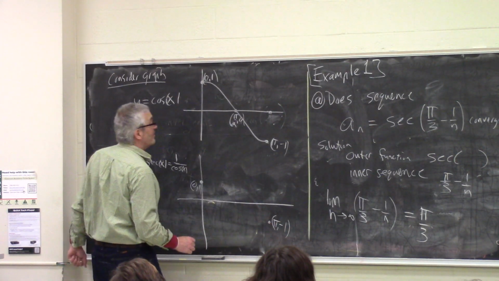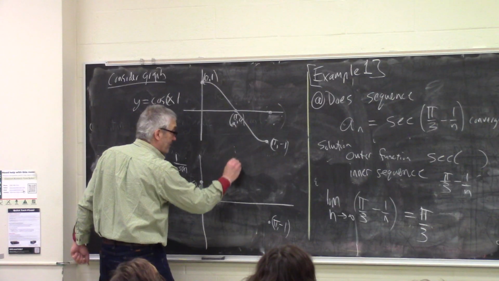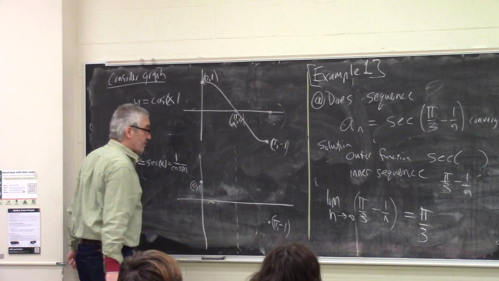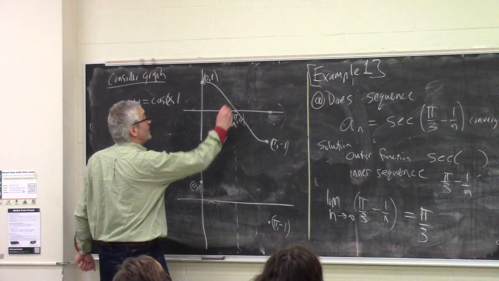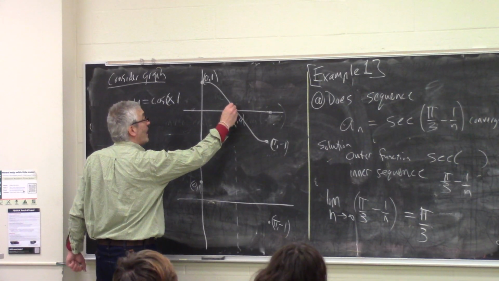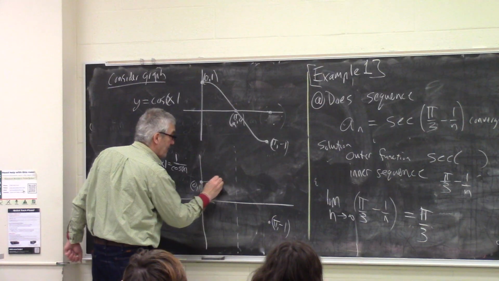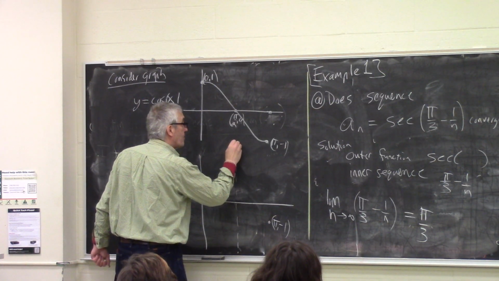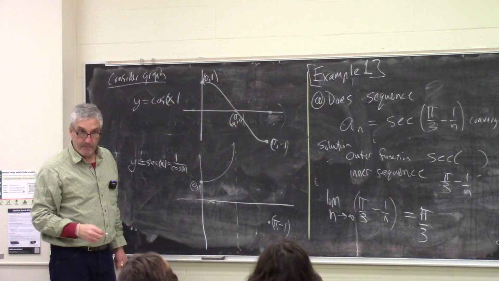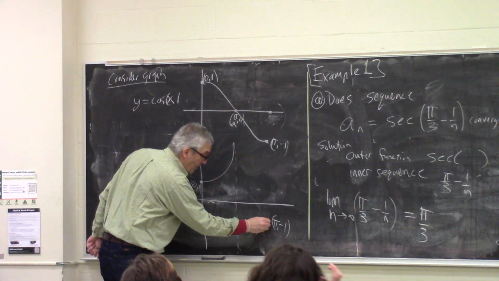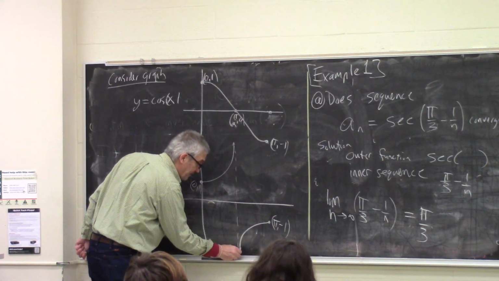But look what happens in between. When x is pi over 2, there's a vertical asymptote. The y value is getting closer and closer to 0, but they're positive. So this graph goes up alongside the left side of that asymptote. Goes down alongside the right side of this asymptote.